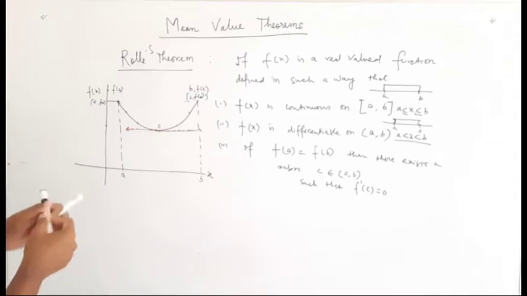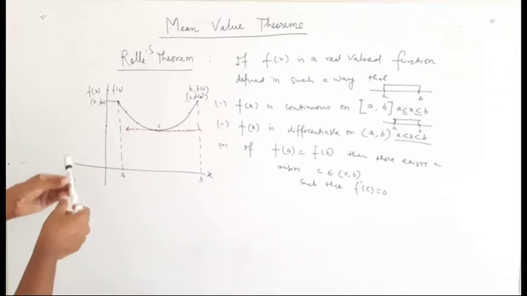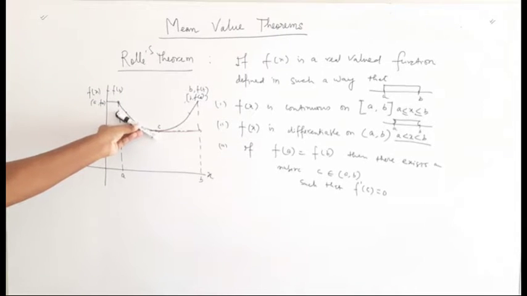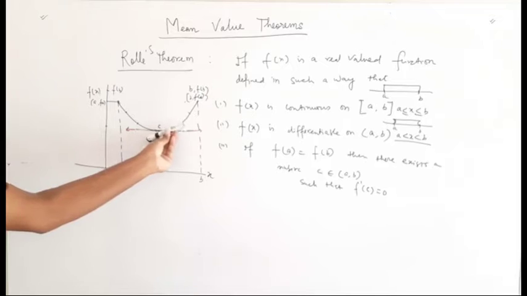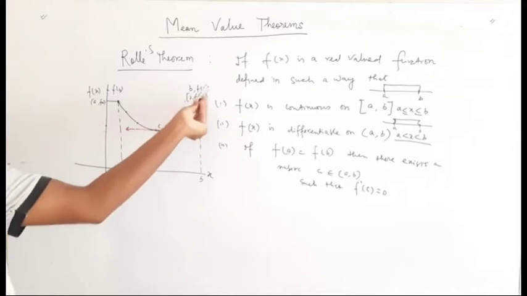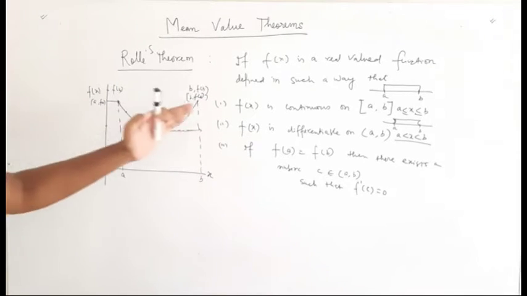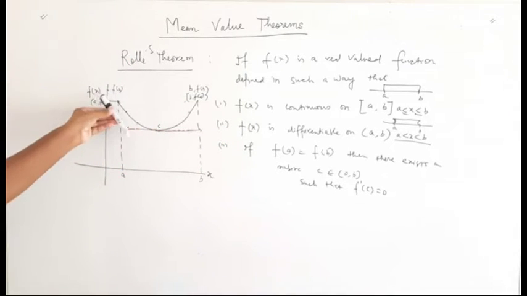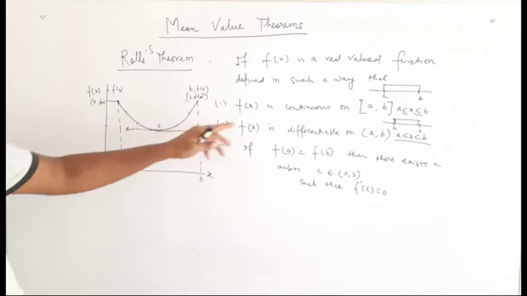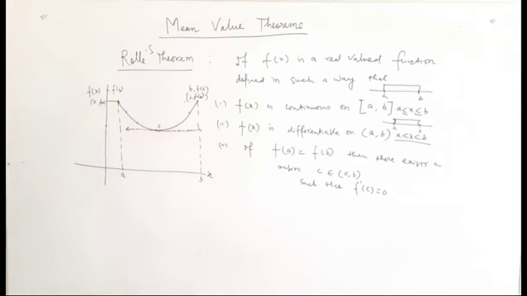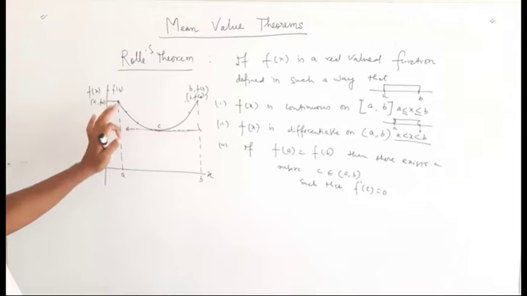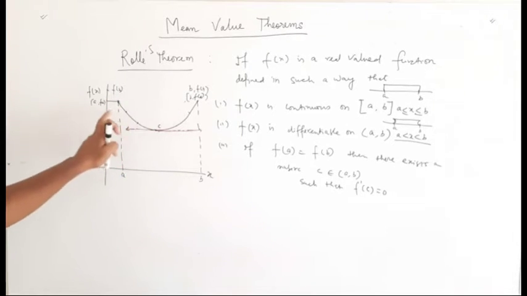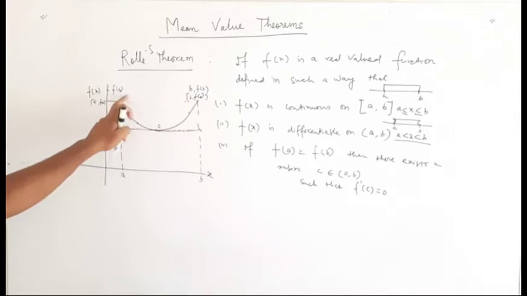Now, if you try to understand by visual inspection, the tangent at this point will be like this, at this one it is like this, at this point it is like this, here it is like that, and here it is like that. There are different types of tangents, differently directed. But these conditions say it is differentiable, meaning it is possible to find the tangent at each and every point within these two points a and b.